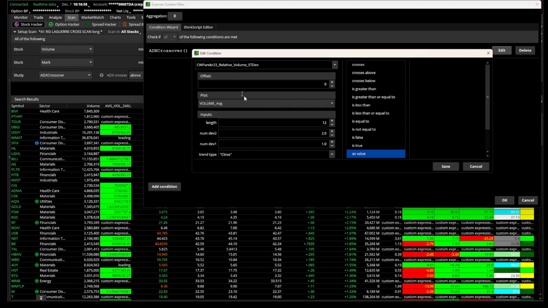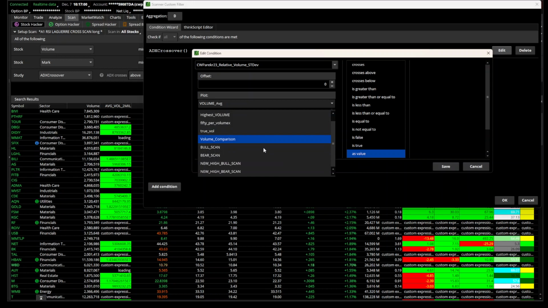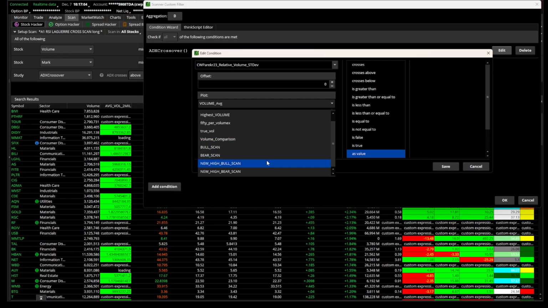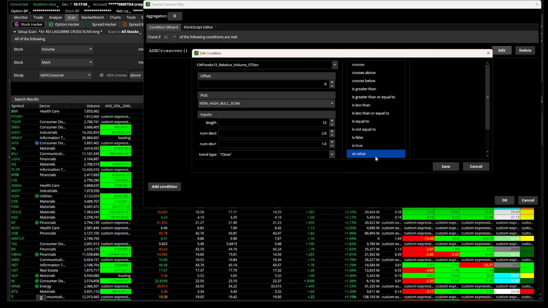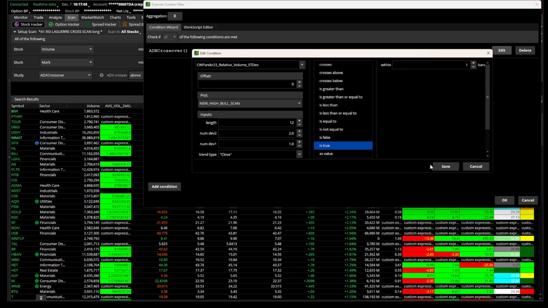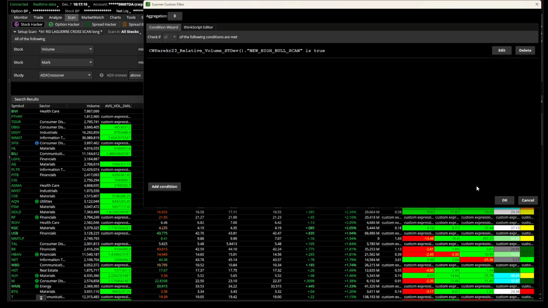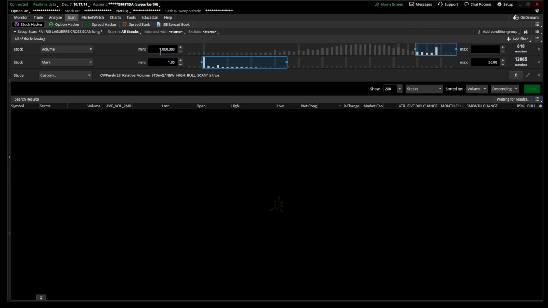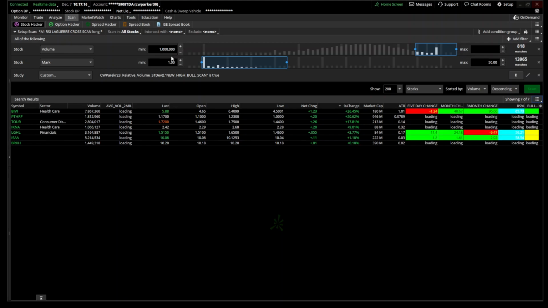So this is it, and I want to find a bull scan, let's say a new high. Volume is making a new high is true. Let's say 1 bar, so we'll look for anything today making a new volume high. It has to have at least a million volume, and be between $1 and $50.